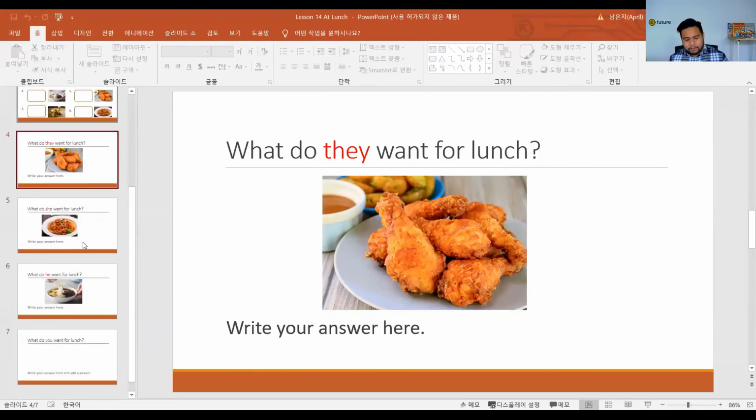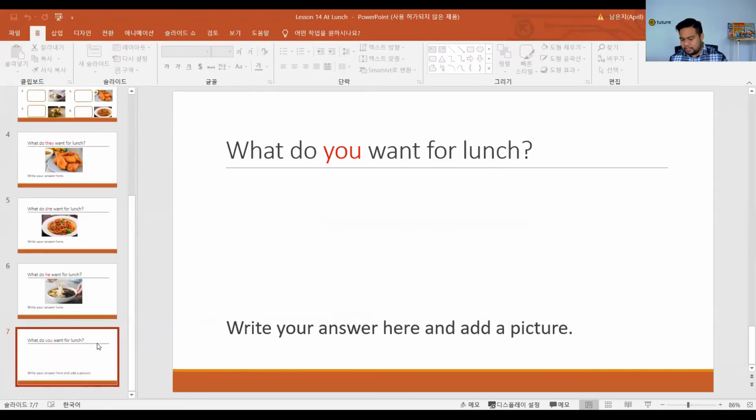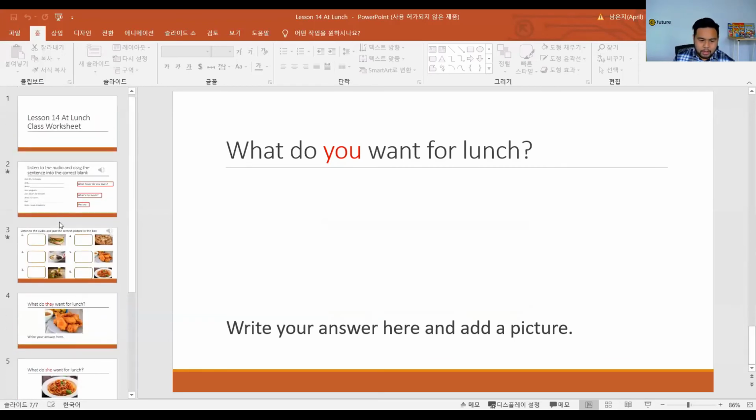So once they finish, and then also trying to do a personalization one, they can add a picture of what they like, and then write the sentence. So after they finish here, of course, they can save the worksheet with their name, and then if you have a personal Google Drive, let me go here.